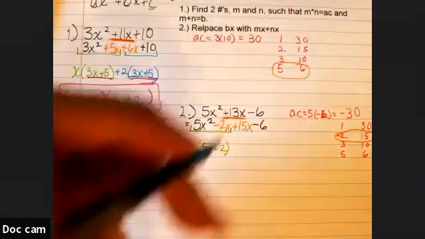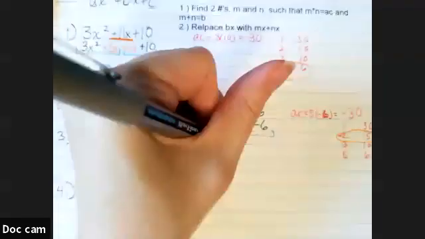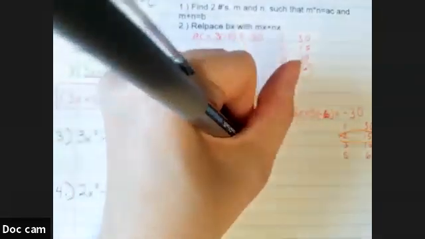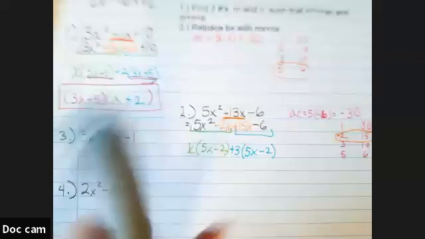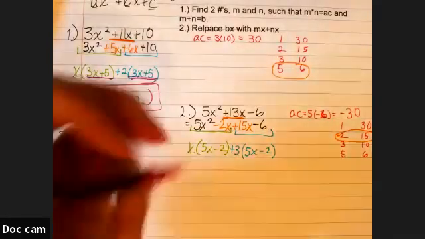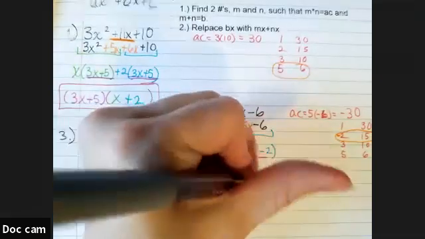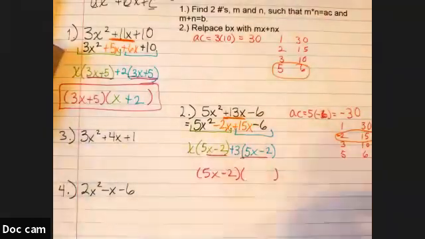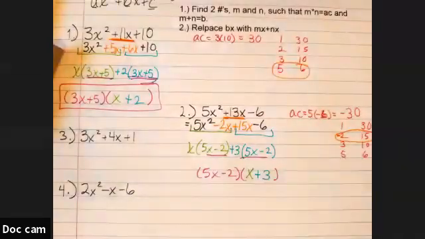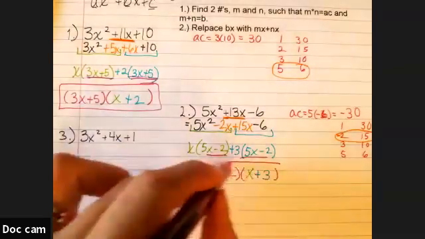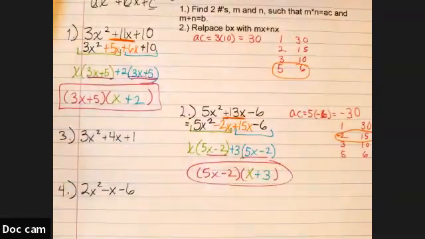And then on the last group, we could factor out 3, and that would be 5x minus 2. And then factor out 5x minus 2, and then you'd have x plus 3 right there. And there we go.